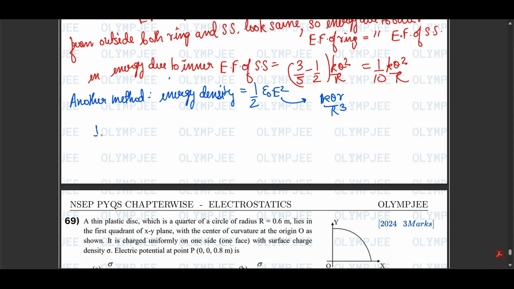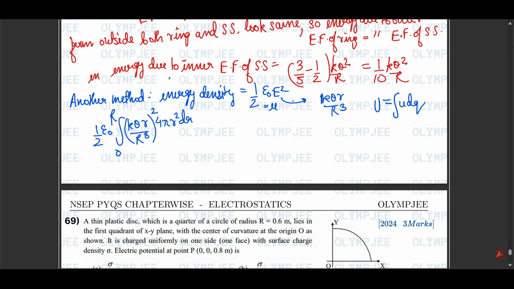So we can find the total energy inside the solid sphere. If this is equal to U, then the total energy will be given as this, right?